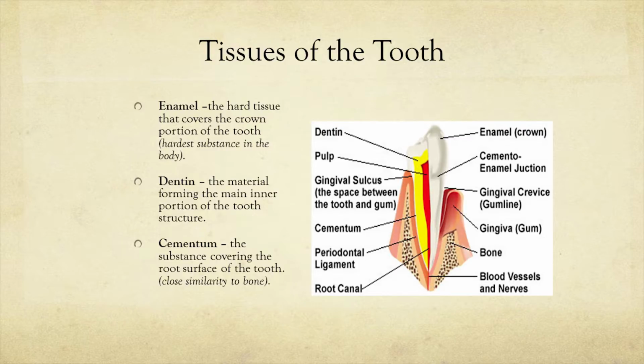There are other important areas as well. We also have the enamel cementum junction. This is where your enamel and cementum meet, and that's what is called the CEJ. You would hear that throughout the presentation; the CEJ is an important landmark.